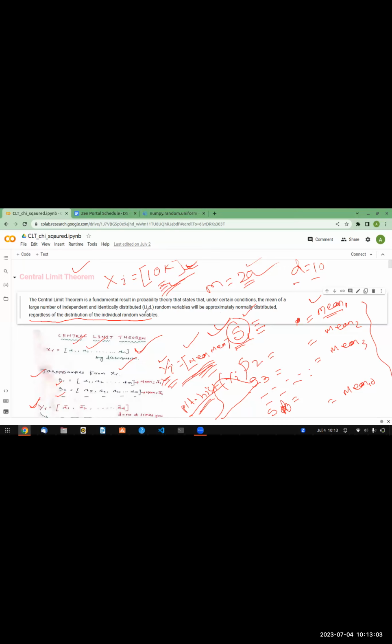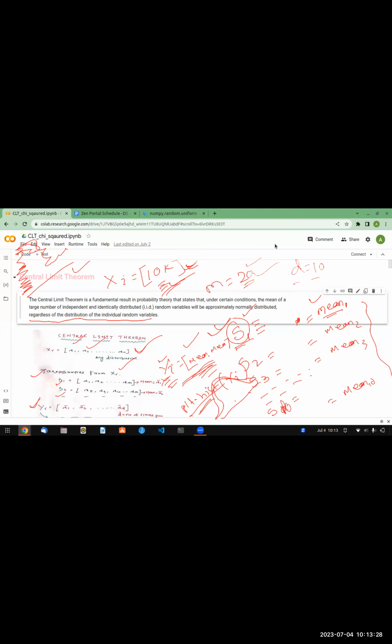Even if it is a non-normal distribution, something like this, you have 10K data points and its distribution is something like this. But if we follow the steps that we just discussed, and if we plot the means, it will always follow a normal distribution. And this we are going to prove also.